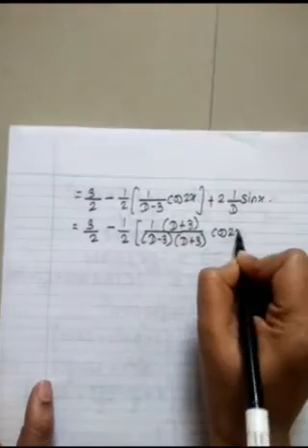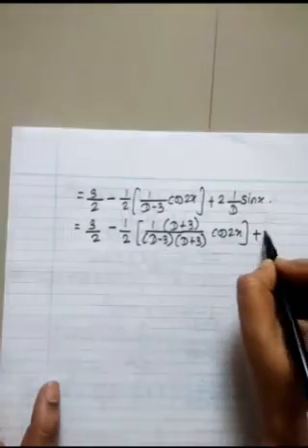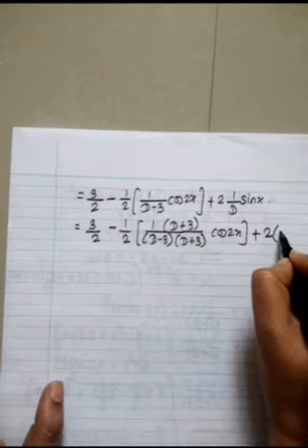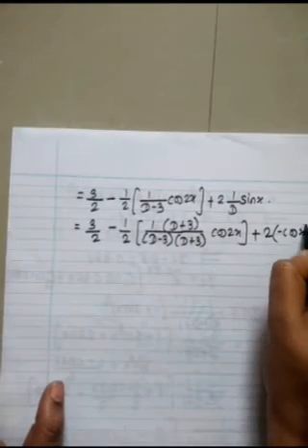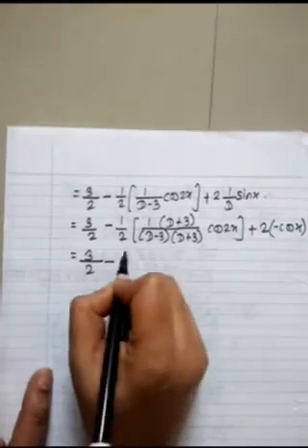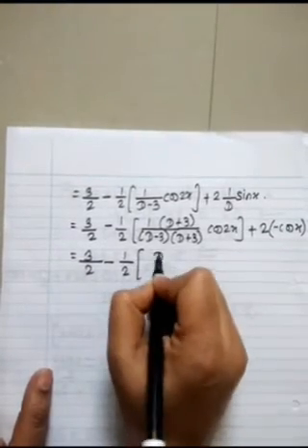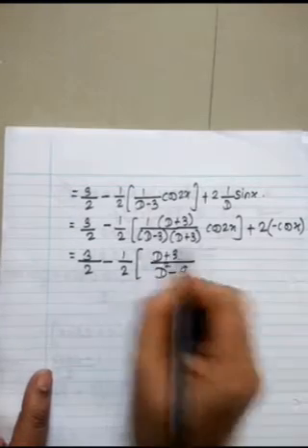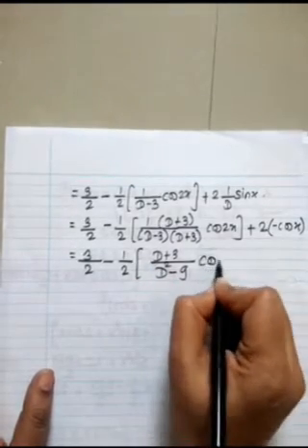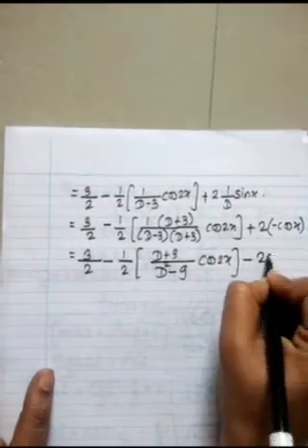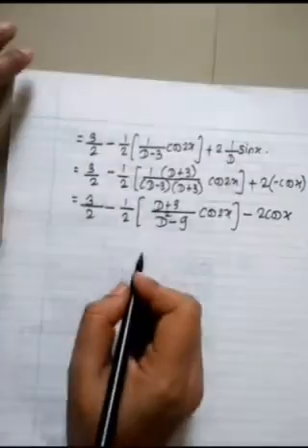Into cos 2x. And here it is 2 and 1 upon d, that is integration of sine, minus cos x. Yes. So it is 3 by 2 minus 1 by 2 d plus 3 upon d square minus 9, and minus 2 cos x.